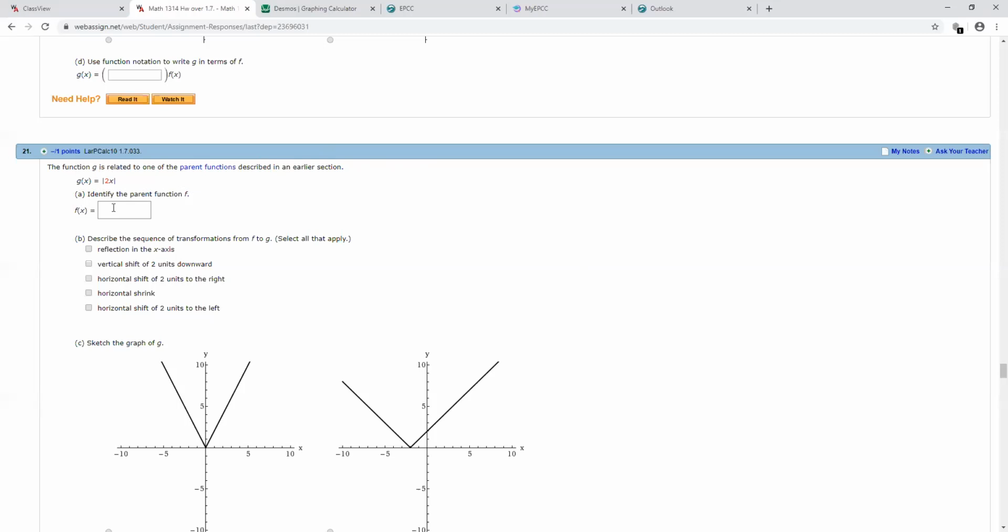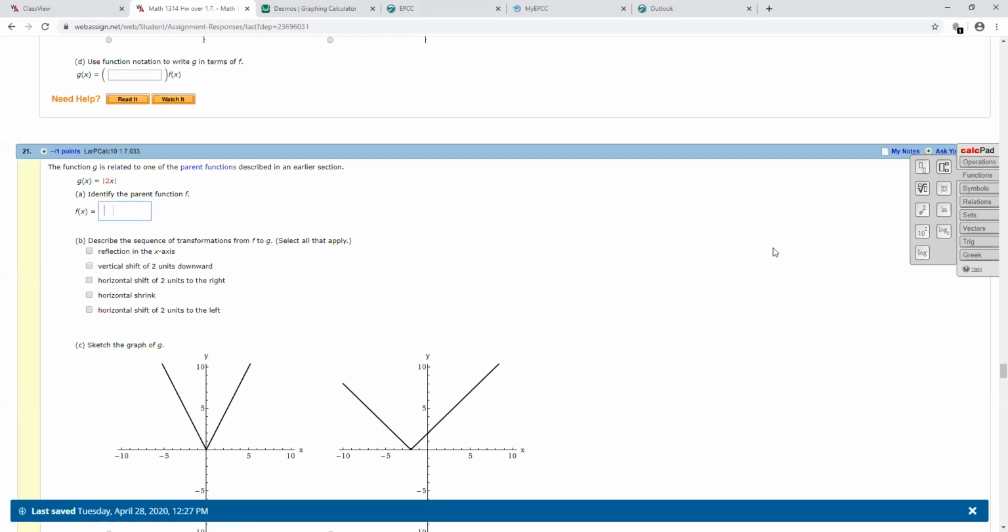And what was the original parent? Which one of those 5 that we've been looking at? The absolute value? Mm-hmm. So then we can type ABS and that'll show up, or we come over to our calc pad, and we look for the absolute value function, which is that one. And now we just put the x.